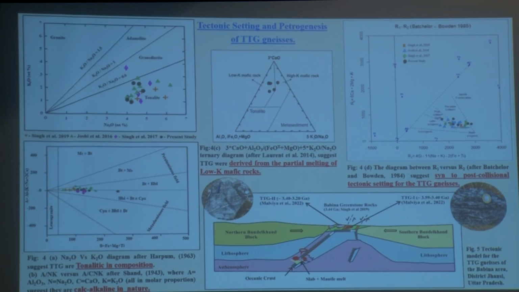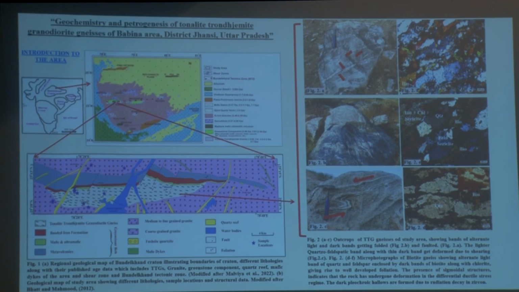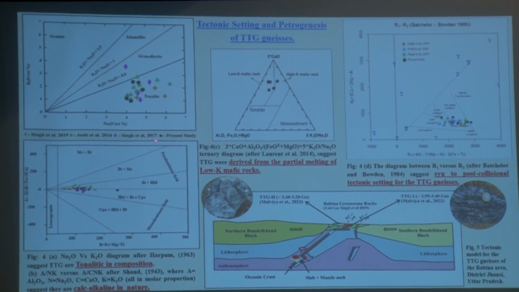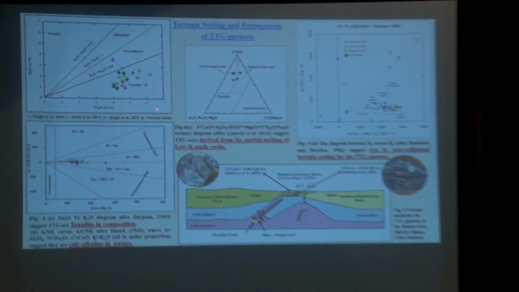If you see the different plots, they focus especially on the tonalite section, and I have compared with already published data like Singh et al. 2019, Joshi et al. 2016, Singh 2017 and the present study.